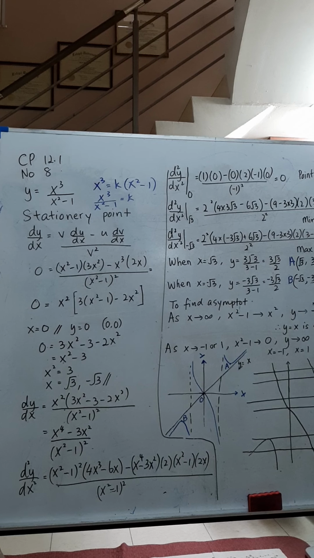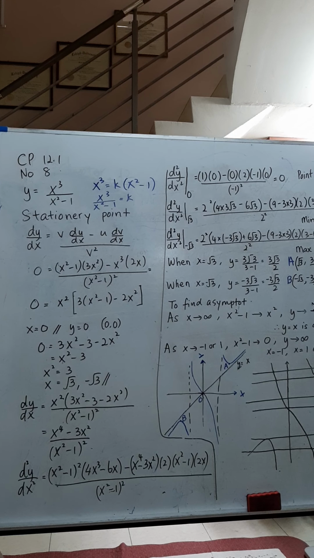I drew the graph again so as not to confuse you. This is the same graph. You have a point of inflection here, a minimum point, a maximum point, without the asymptotes.